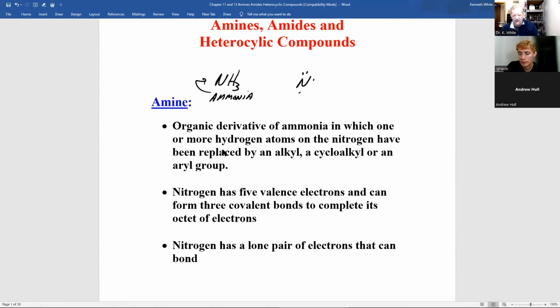Here's nitrogen, and normally it has 3 bonds to it, but it can have 4 bonds. Remember, carbon can only have 4 bonds. There's no exception. Nitrogen in a molecule can have 3 or 4. So that's something to keep in mind. So an amine is where you take the hydrogens from ammonia and replace them with R groups.